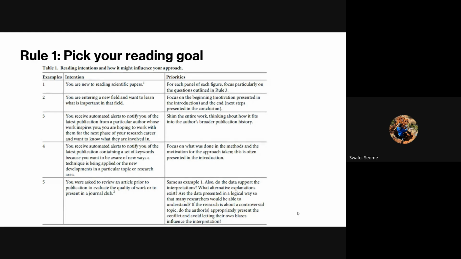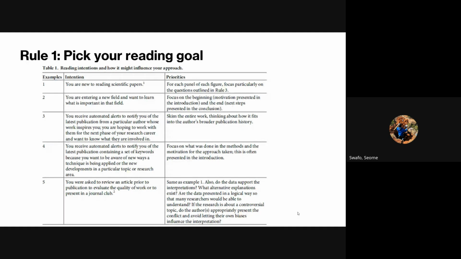When I'm just entering the field, it is advisable that I focus more on the beginning and also the end. That could help me understand the field and also learn what is key in the field.